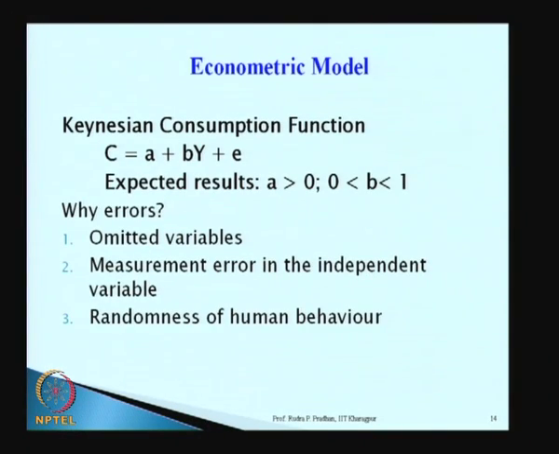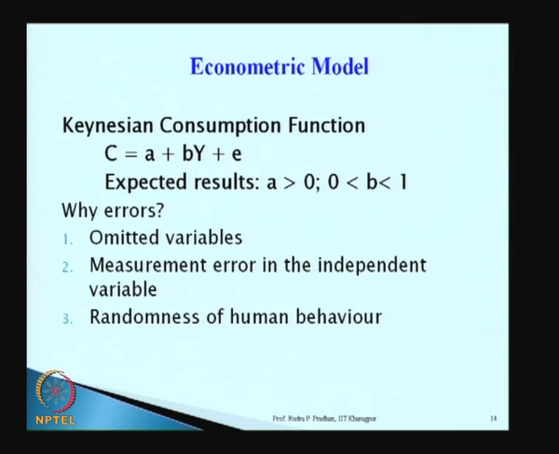So, as I have already mentioned, so far as econometric modeling is concerned, we assume that this model is not deterministic; it is in the form of some error involvement. So, there are three specific components here.